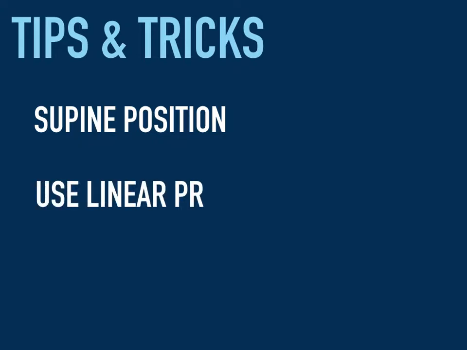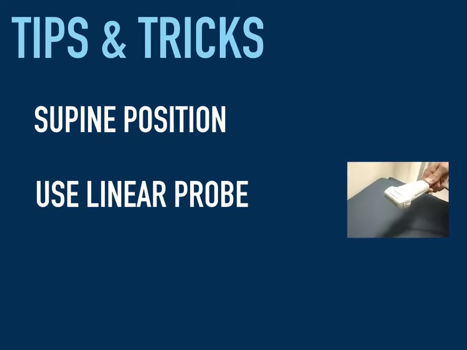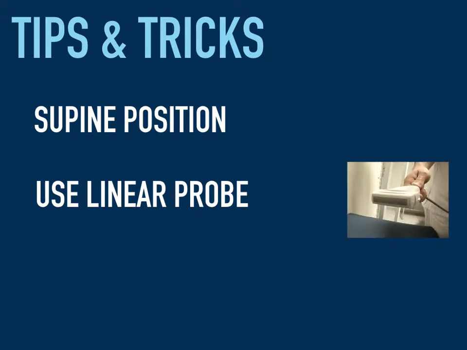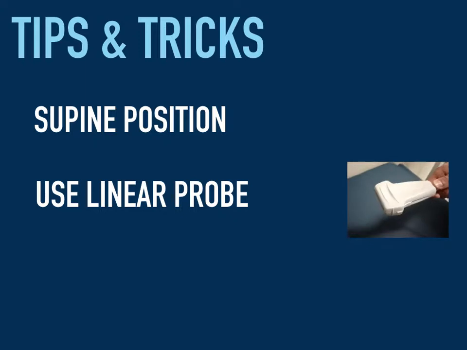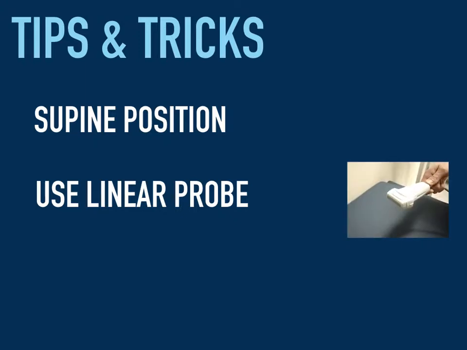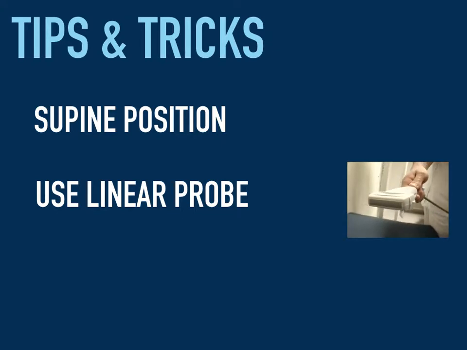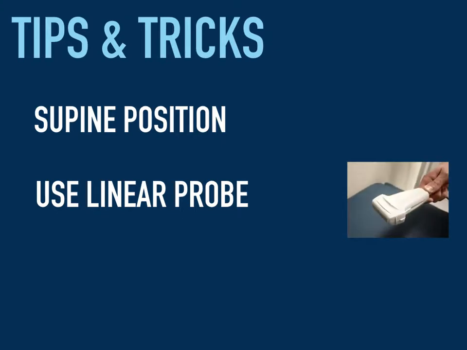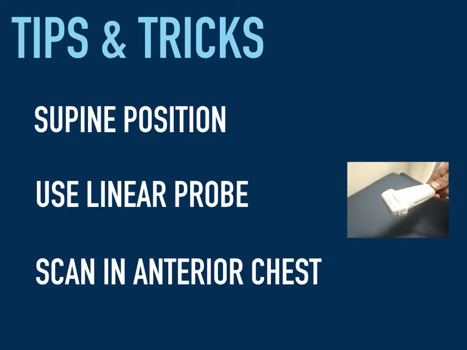It's much better if you use the linear probe, just looking at the pleural movement. We need this plus of definition, and the pleura is superficial, so it's not too deep at all. So scan the anterior chest if you're looking for a pneumothorax.